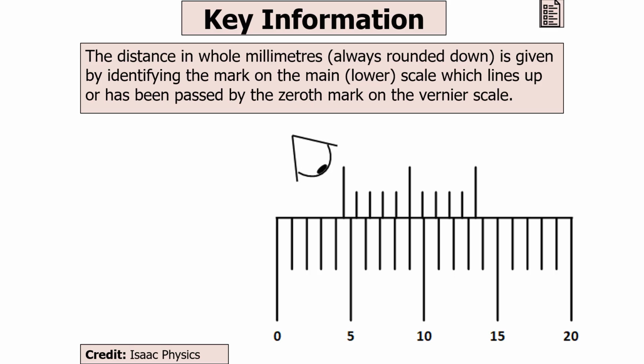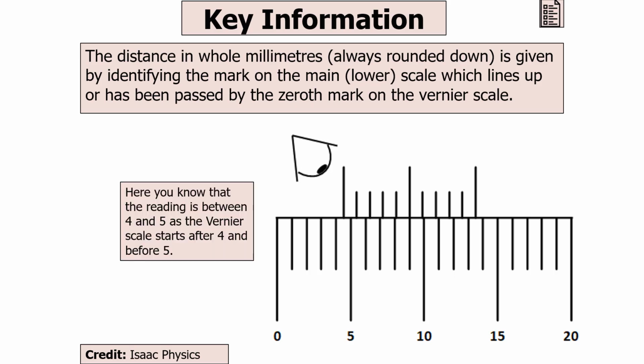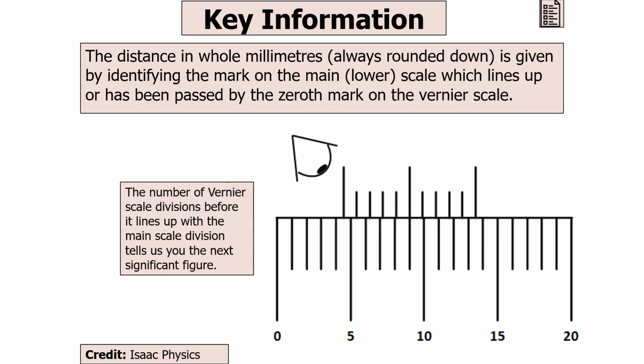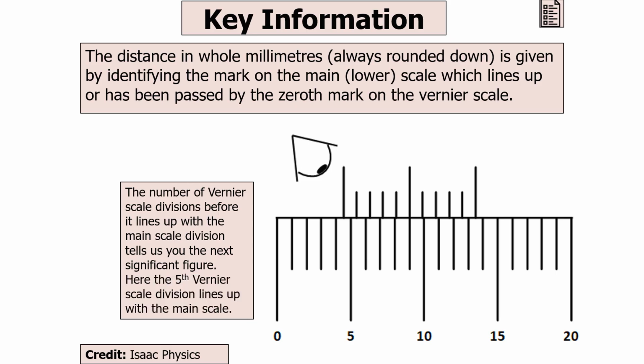So for example here, you know that the reading is between 4 and 5, as the vernier scale in the picture, which is the upper scale, starts after 4 yet before 5 on the main scale, the lower scale. Now the number of vernier scale divisions, the upper one, before it lines up with the main scale division, the lower one, tells you the next significant figure. As you can see on this diagram, here the 5th vernier scale division lines up with the main scale.